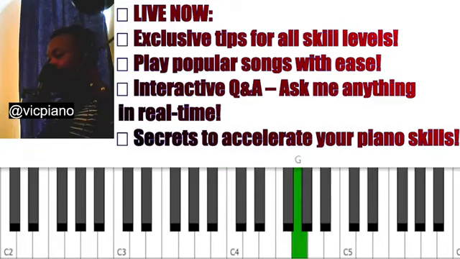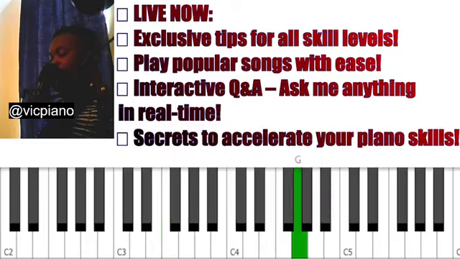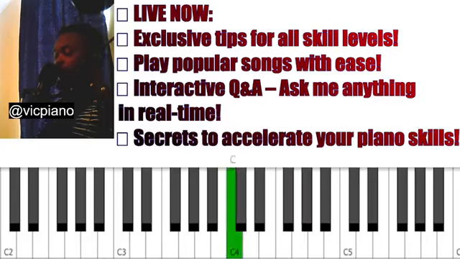So this is a passing note to chord 5. So you're doing it, then you go to the chord 5. So this is the passing note. This is not a chord, it's a note.